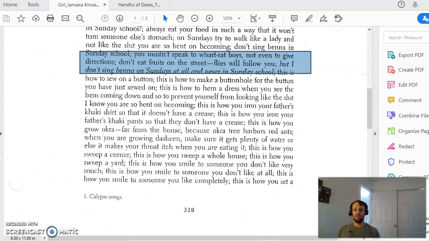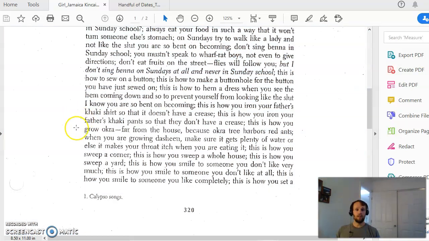Wharf rat boys, as in people who are just hanging around, up to no good and ready to influence this girl in a negative way. In this next part, "don't eat fruits on the street, flies will follow you," if the narrator is not just talking about fruit and not just talking about flies, how could this relate to how the girl represents herself in society? And how could that relate to the narrator's anxiety about the types of men and the types of people that the girl will be mixing with?